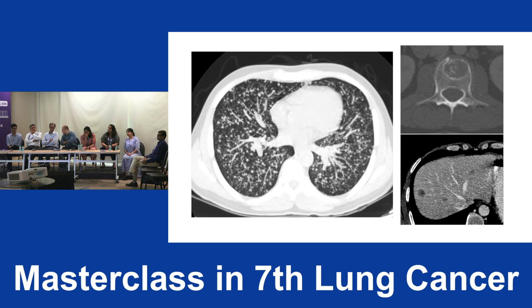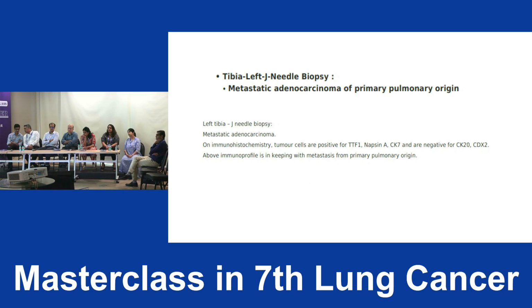In this case, it was presented with acral metastasis, which is far below. It was earlier labeled as miliary tuberculosis, and when the scan was done, it showed a large mass in the left hilum, and these were the multiple metastatic sites. We did a biopsy from the tibia, and that turned out to be metastatic adenocarcinoma.